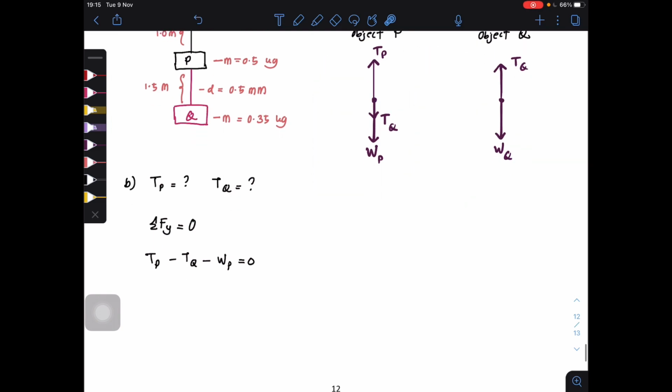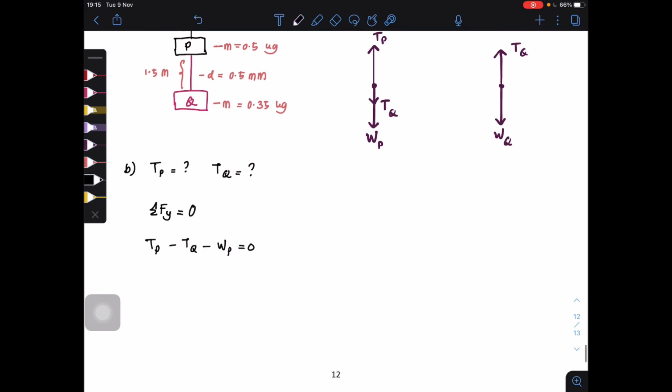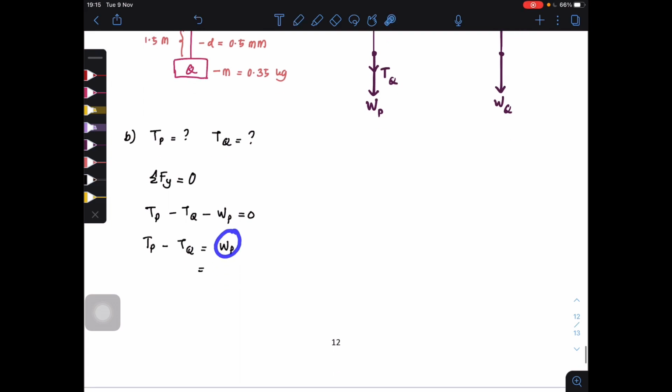Okay. So now we need to find these two values. Okay, kita susun dahulu TP minus TQ equal to WP, di mana this one kita boleh dapatkan which is equal to mg.